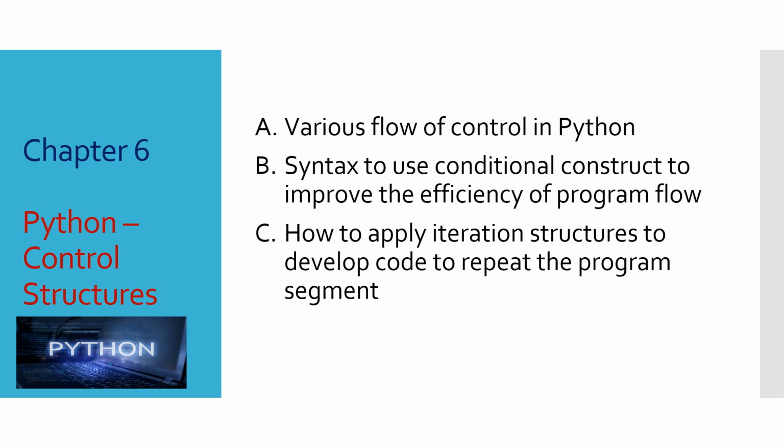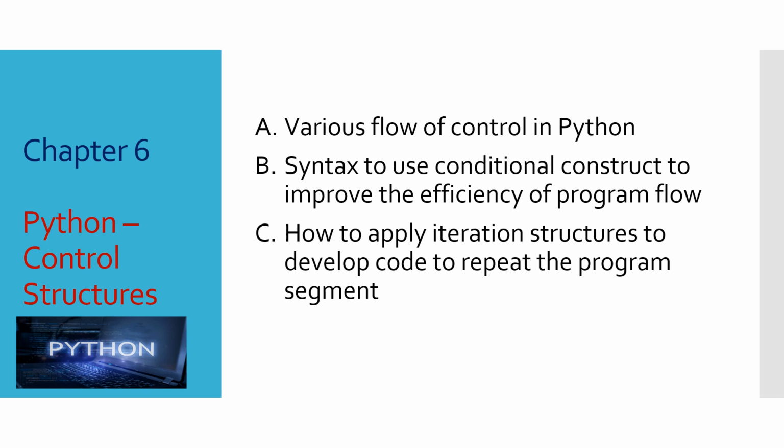The first one is about Python control structure. In this, you're going to see the different syntaxes used to do certain constructs, which help in efficient programming flow. Meaning, when you are writing a program, you need to know when to do a checkpoint, when to declare the right variables, as well as when to branch out if there is a condition.